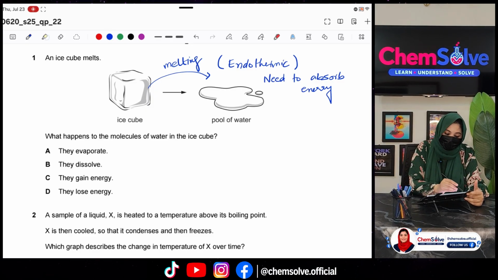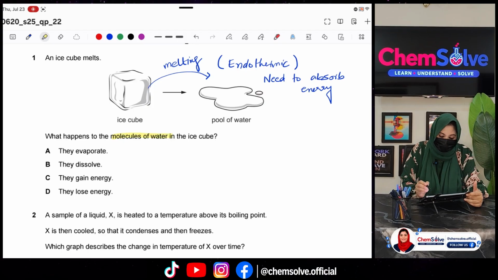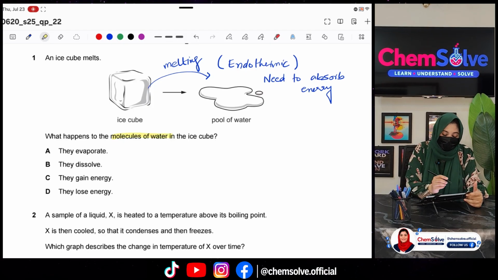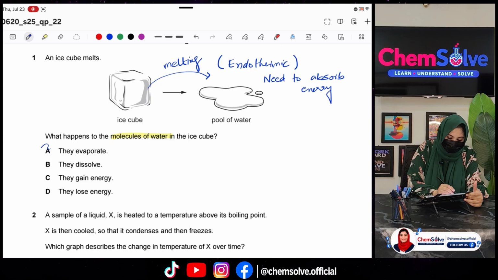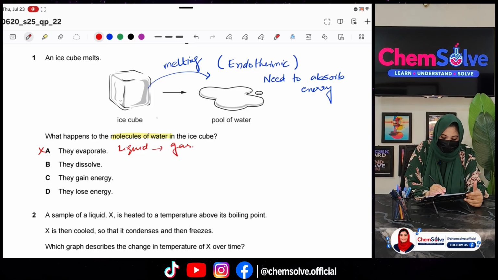What happens to the molecules of water in the ice cubes? They evaporate. No, evaporation is basically a process which releases heat and the liquid cools down. So this is not our option. During evaporation, a liquid changes into a gas, whereas here a solid changes into a liquid.